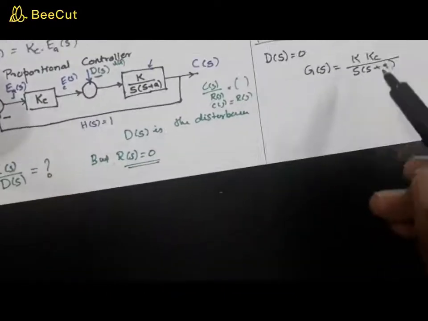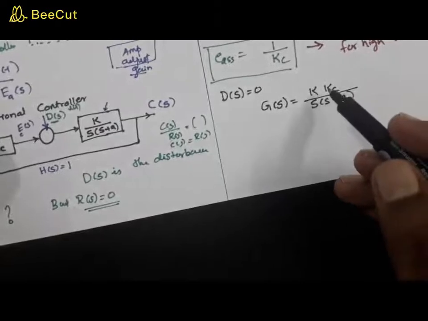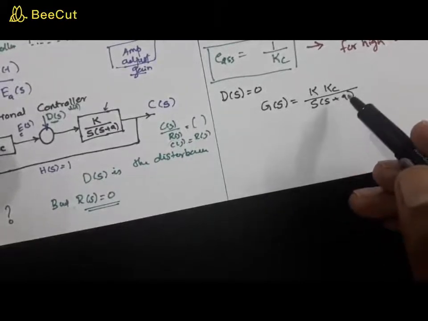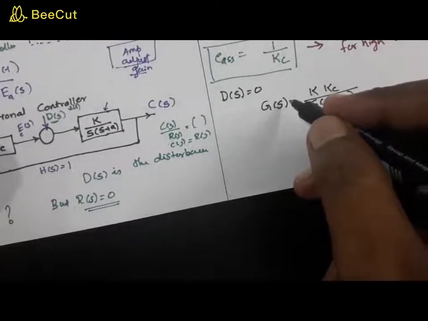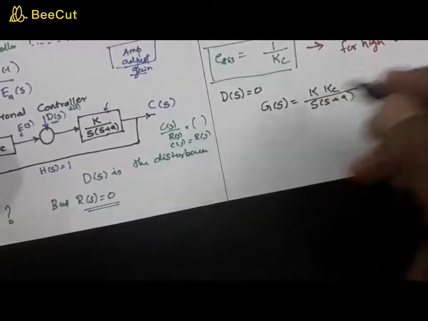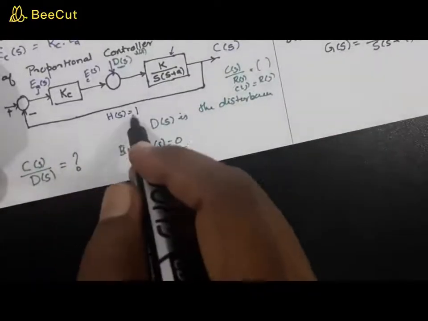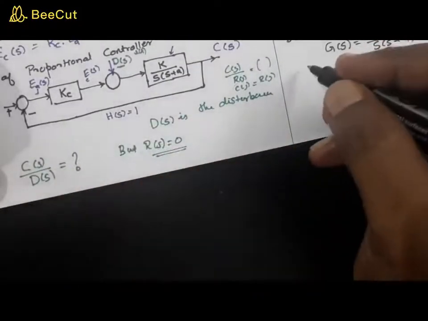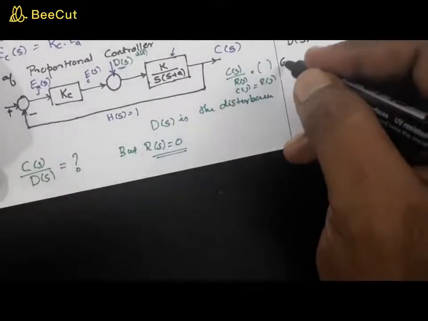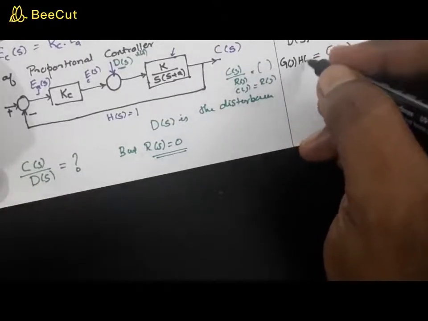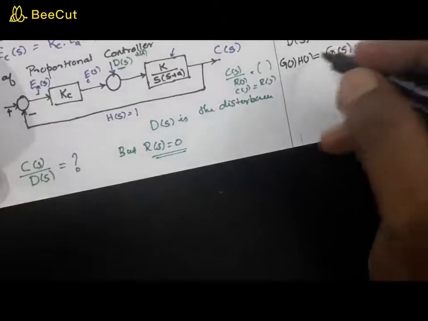So g of s into h of s, where h of s is 1, is k into kc by s into s plus a.